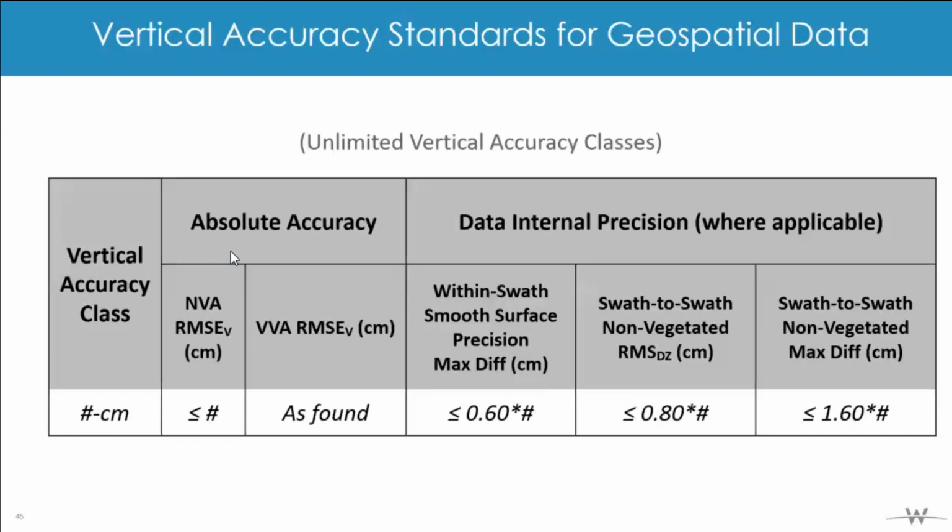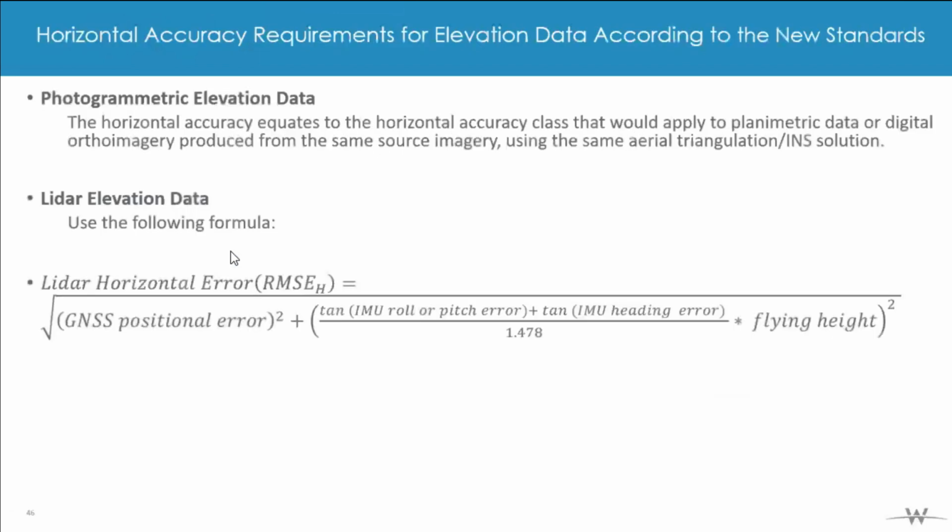LiDAR is the same for vertical use in the new standard, because really it was in our mind to develop the standard to accommodate LiDAR anyway. So you see the vertical standard is the same thing here, but you have a difference here.